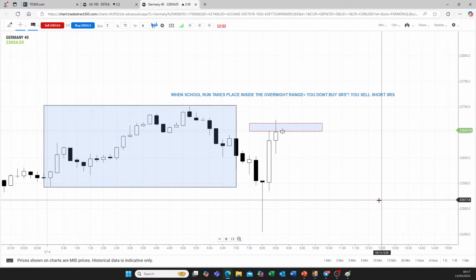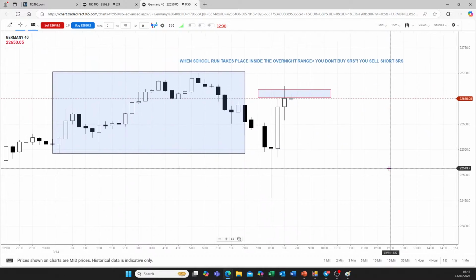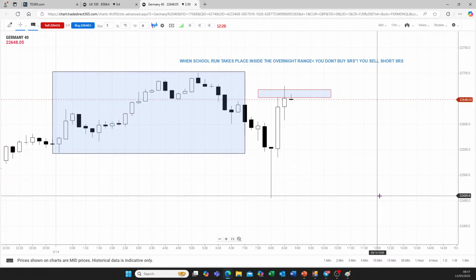So why do I think it was manipulation? That's a good question. Say that, just for the sake of the argument, say that the ones that are really controlling the flow in the DAX are market makers.